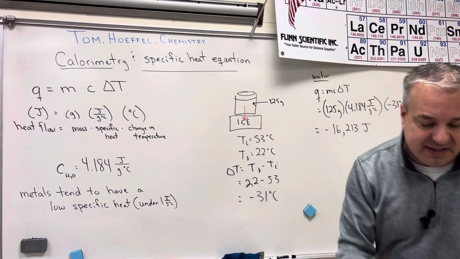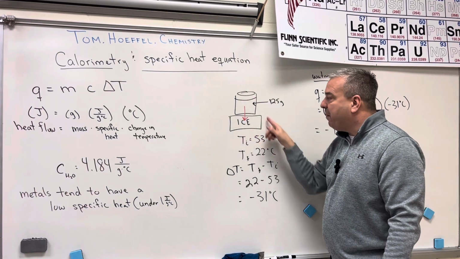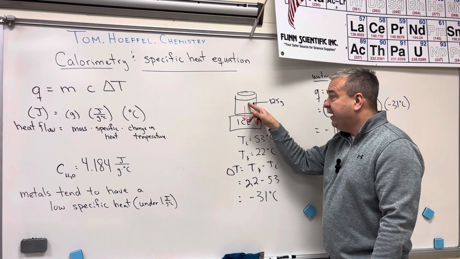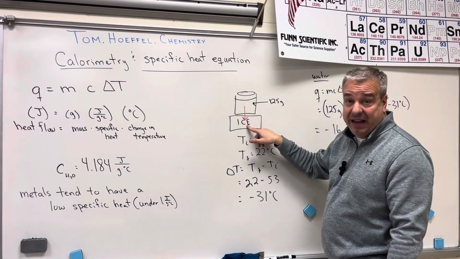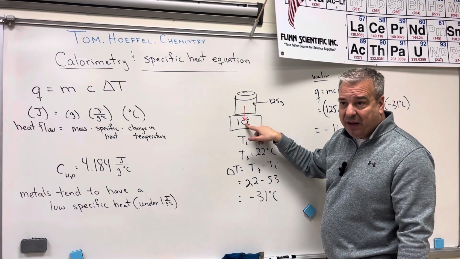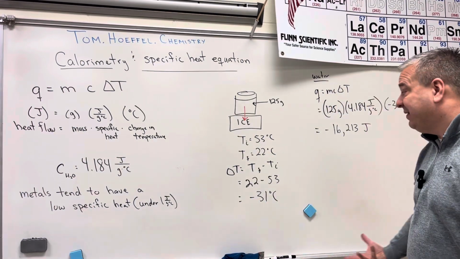And that kind of makes sense to me because if I put a beaker of water on top of a block of ice and the beaker of water has a temperature of 53, the heat flow is going to leave the beaker of water and transfer to the block of ice. And it'll actually start probably melting the ice, okay?